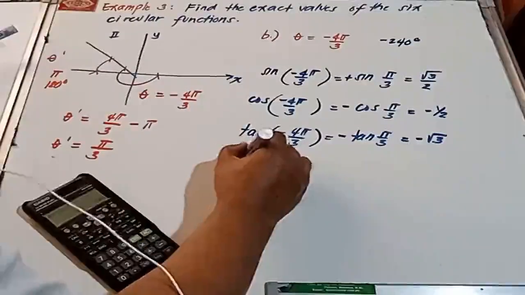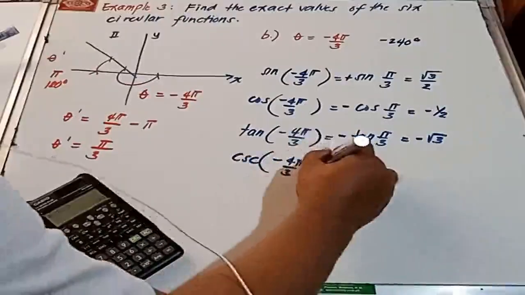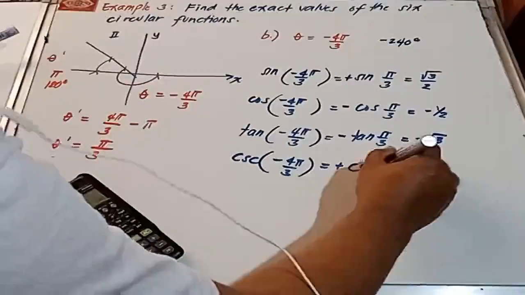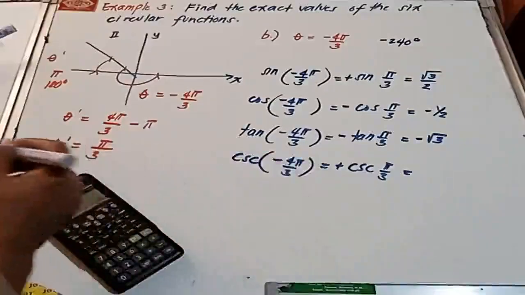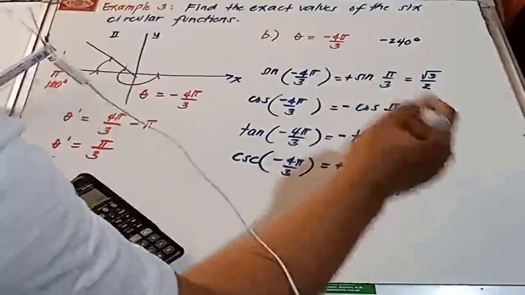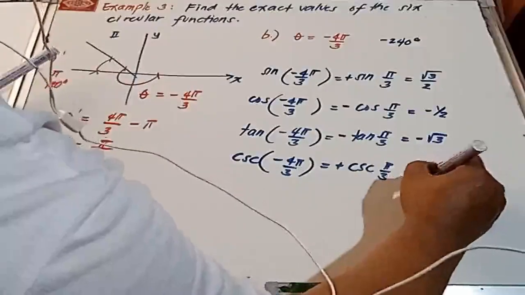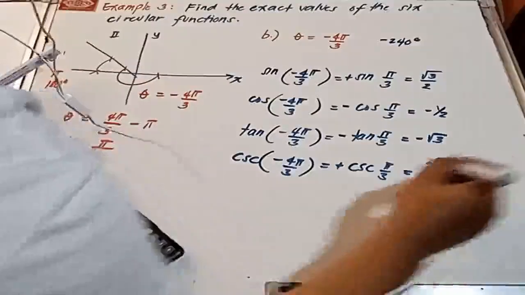And then we have cosecant negative 4/3 of pi. That is the same as, cosecant is positive sa second quadrant, cosecant pi over 3. Okay? Cosecant, baliktad lang. So, 2 over square root of 3. Baliktad rin lang. Or that is equal to 2 square root of 3 over 3.